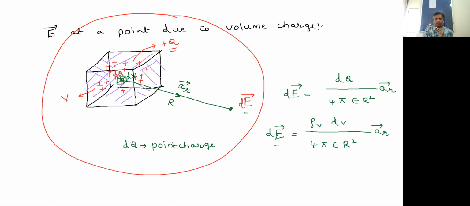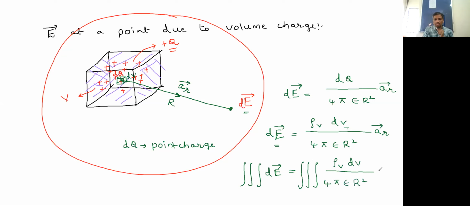If you want the total electric field intensity, as dV is there, you should take the volume integration on both sides. That is the volume integral of rho v dV by 4 pi epsilon r square AR vector.